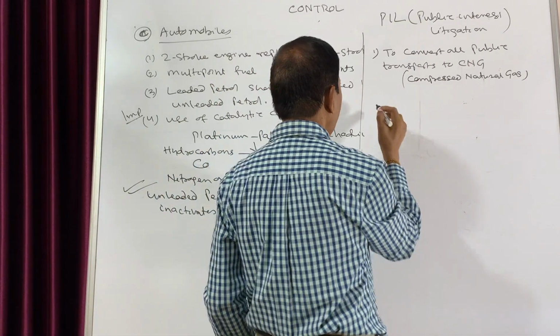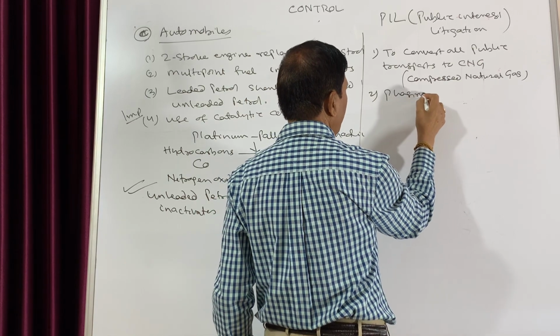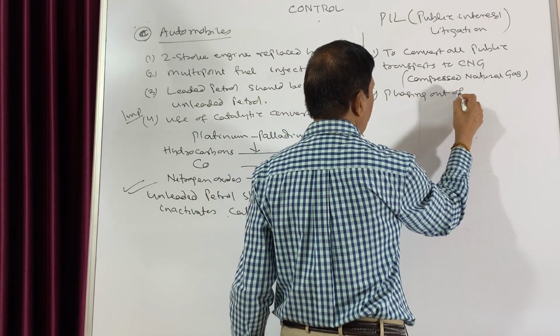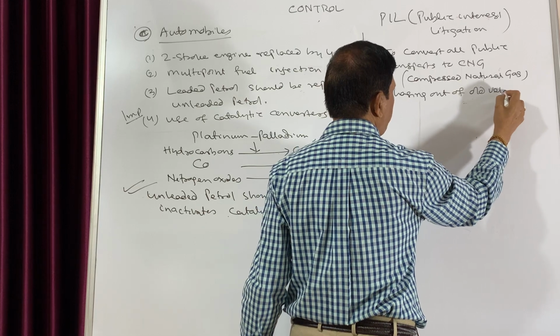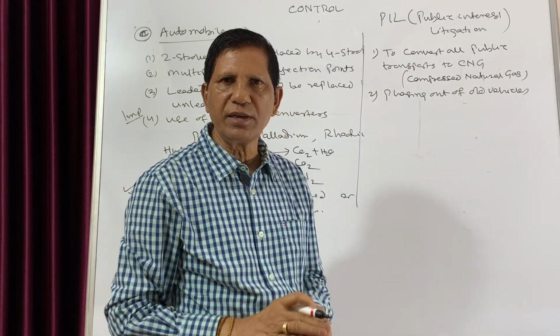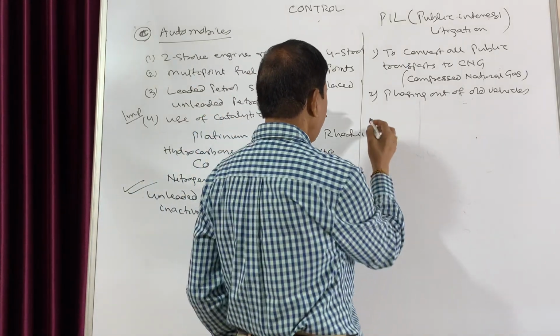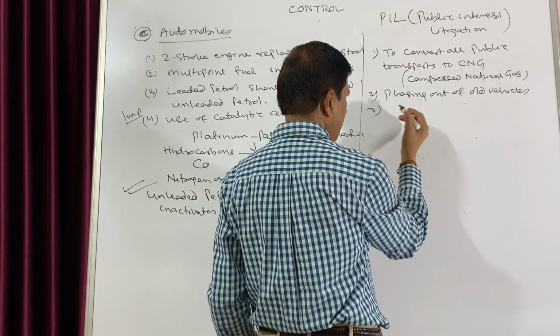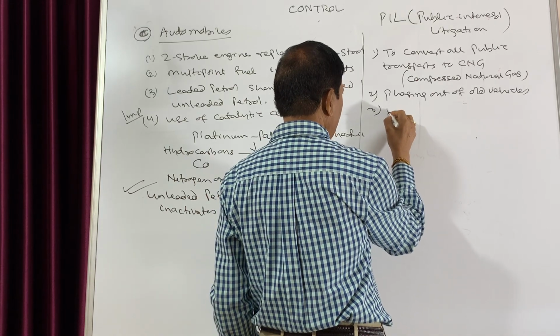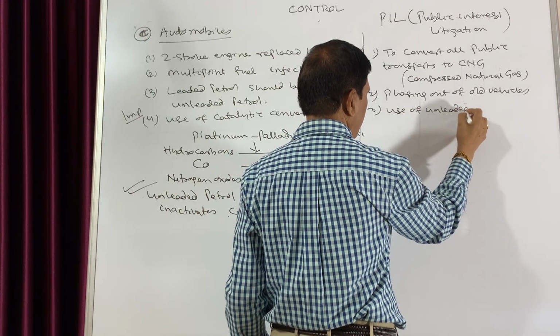So that is one. The second point is phasing out of old vehicles. The vehicles which are more than 15 years old, usually they cause more pollution. That is why they should be phased out. And the third important point is use of unleaded petrol.